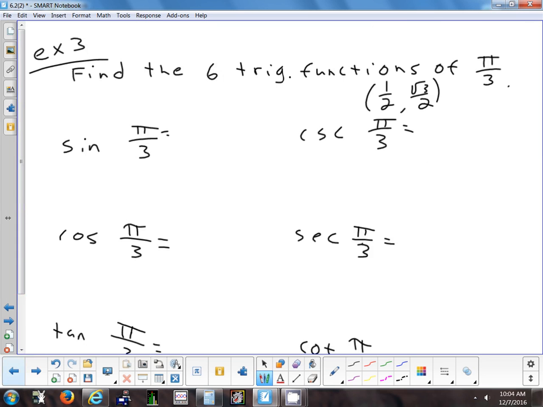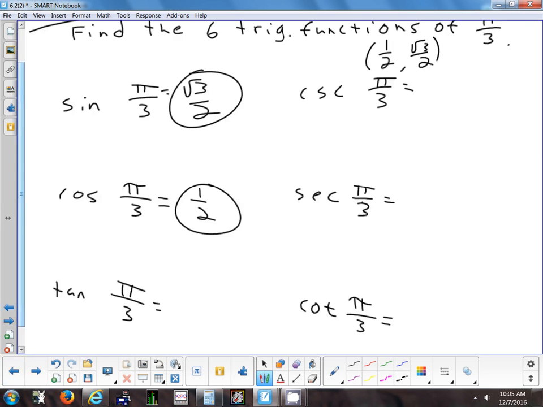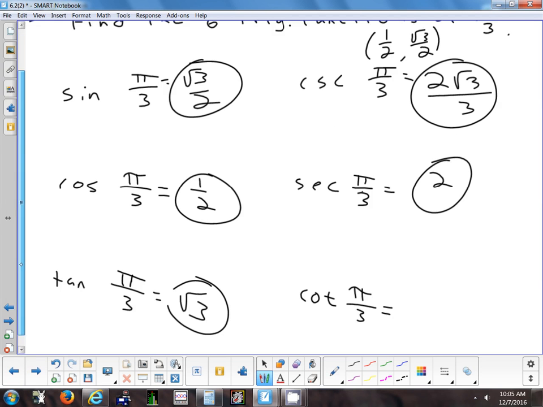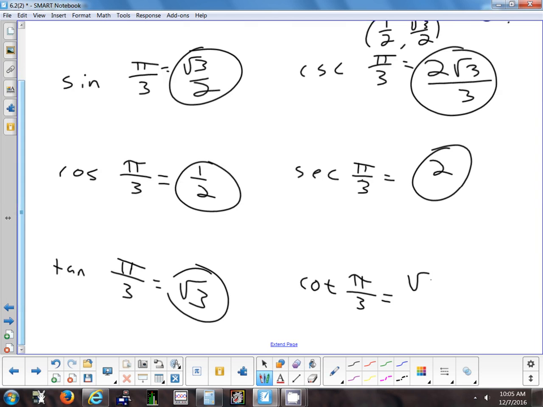Okay, so the sine would be... cosine? Tangent? Yep, square root of 3. How about my cosecant? Secant? And cotangent? Square root of 3 over 3.